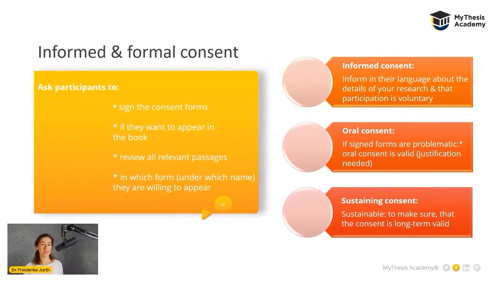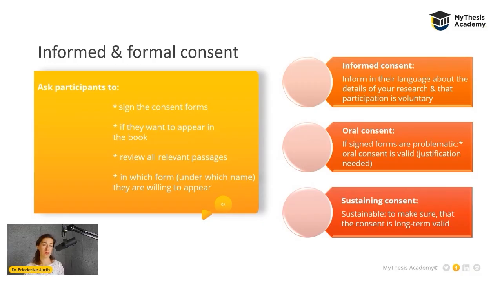Now, you have a number of possibilities when it comes to the question of the informed and the formal consent. As you probably know, the most usual form of all is a signed document, so a signed research ethics form, which is simply the consent form, and which is signed from both sides.